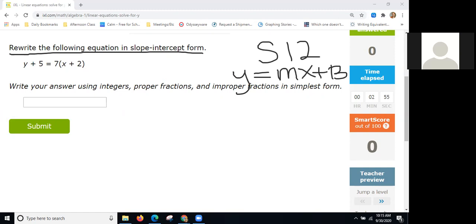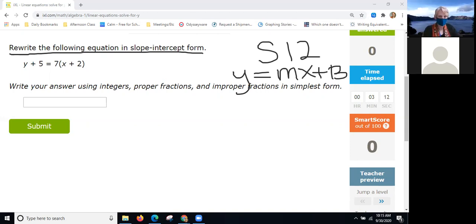All right, so if you start out with something like this, the only thing that's with the y is the plus 5, but I got some other stuff going on the right. There's no parentheses in slope-intercept form. So we need to get rid of those parentheses.